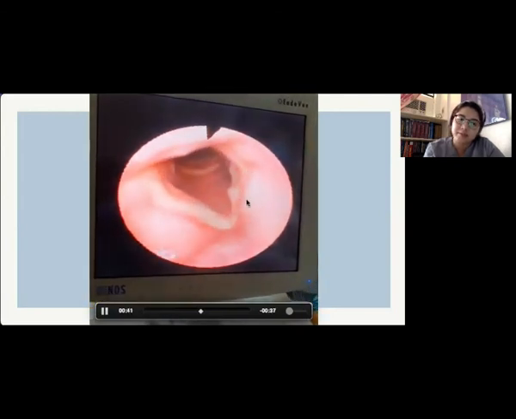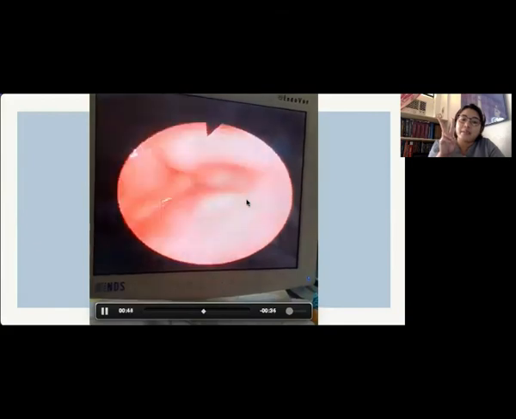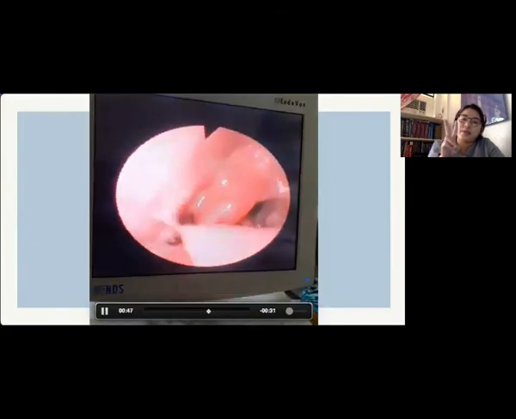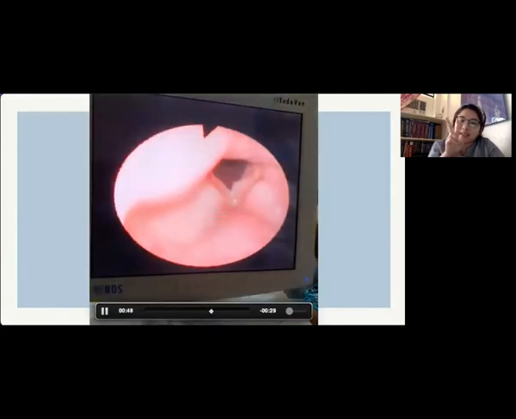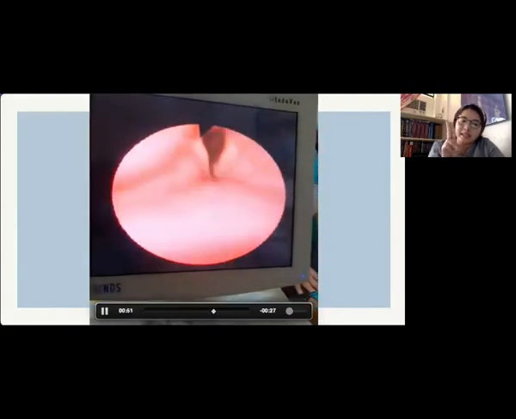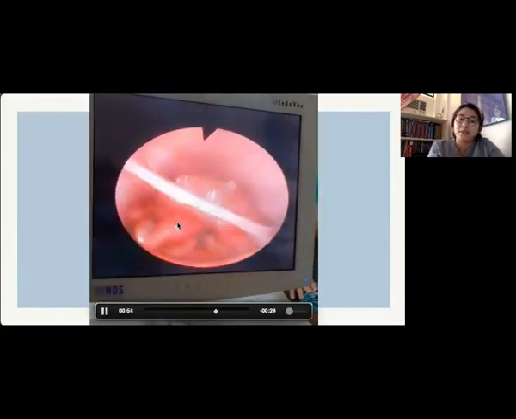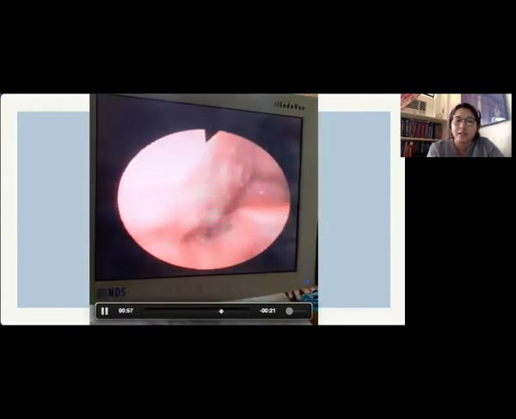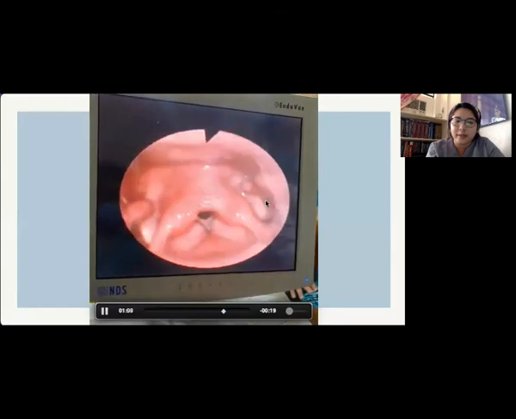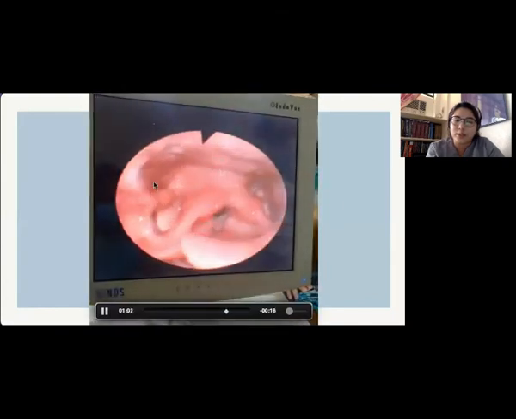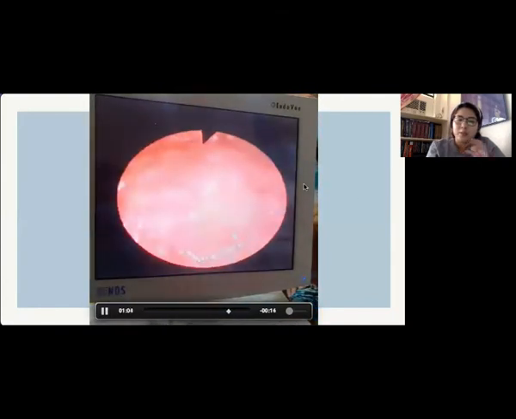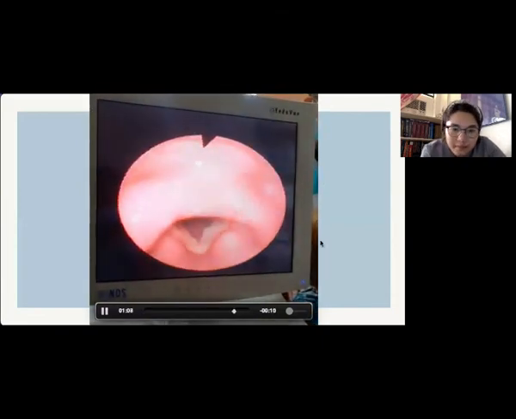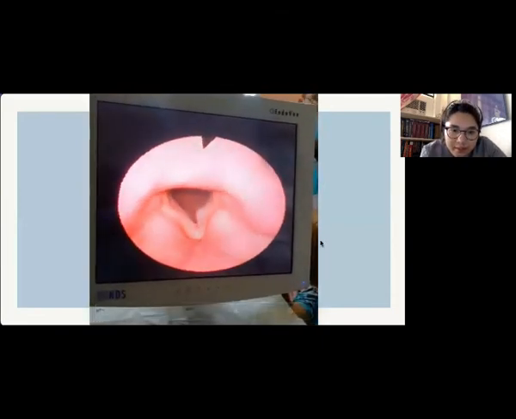Every time the patient phonates, though the vocal cords meet at midline, they cannot completely adduct because of the presence of the lesion. This area is your piriform sinus. It is also important to note if there is any pooling of saliva in that area.